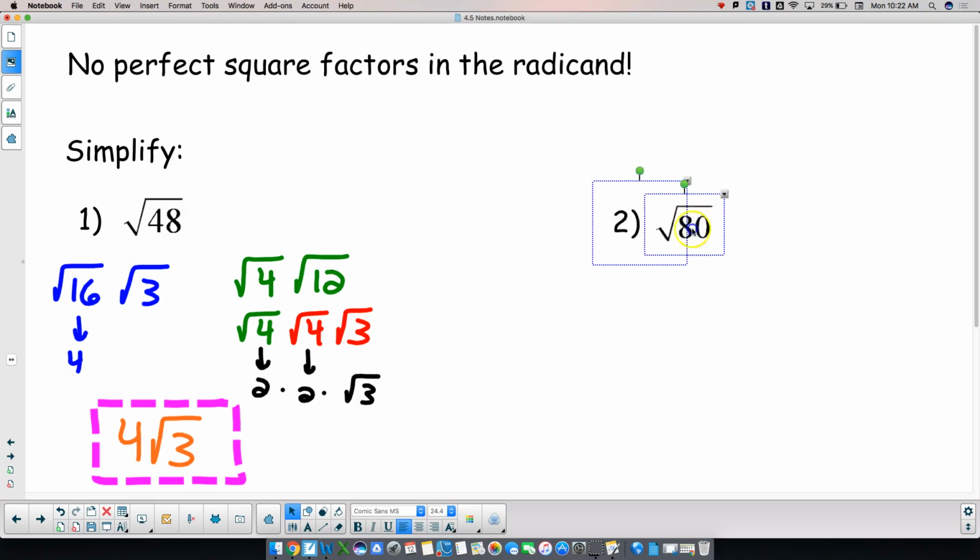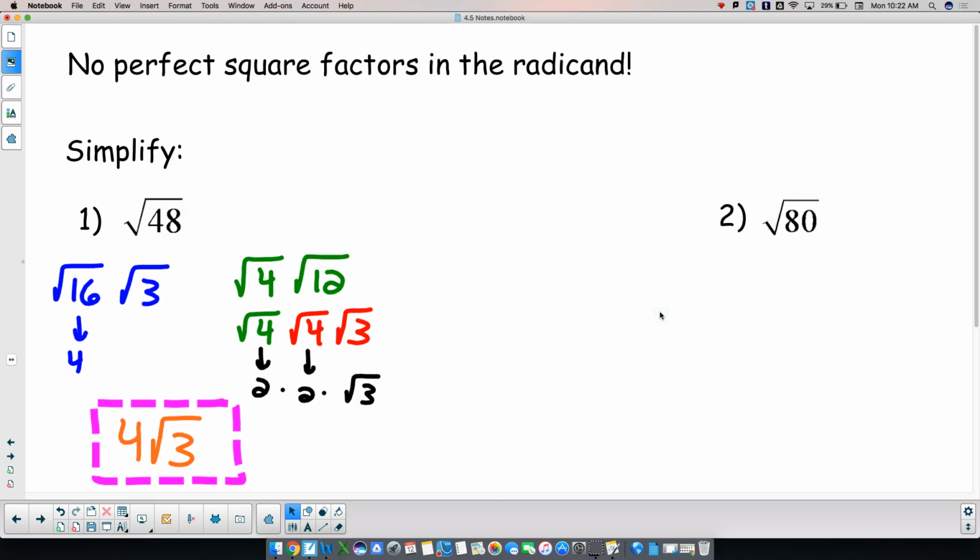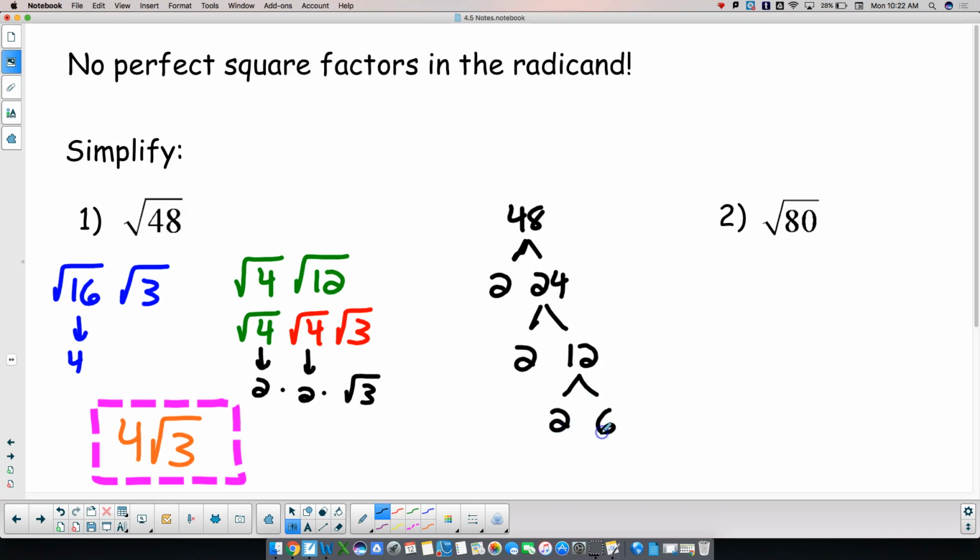Yet another way that some of you might have done this is you might have said to yourself, 48 is 2 times 24. And 24 is 2 times 12. And 12 is 2 times 6. And 6 is 2 times 3. Because we're dealing with square roots, we're looking for pairs of numbers.